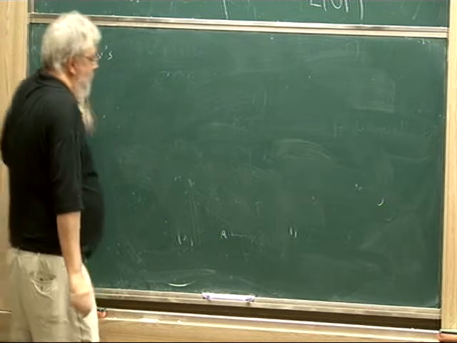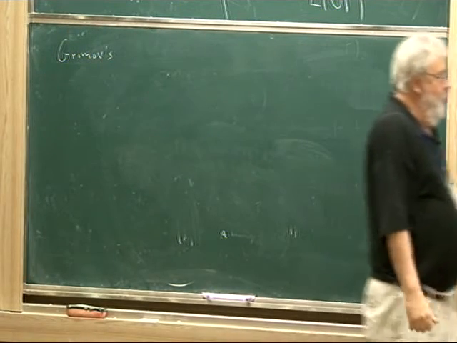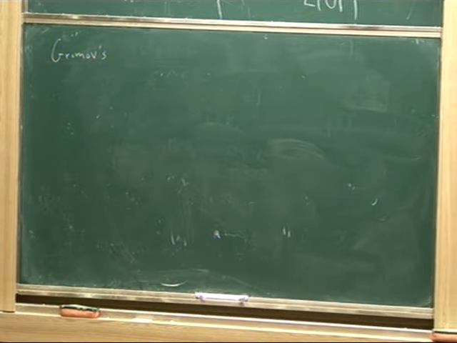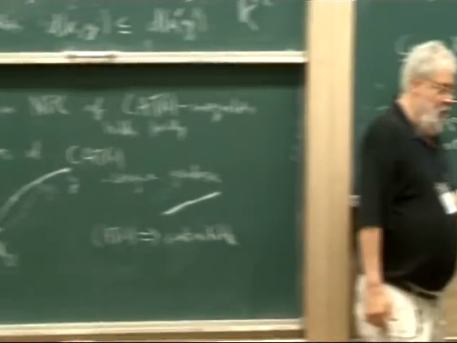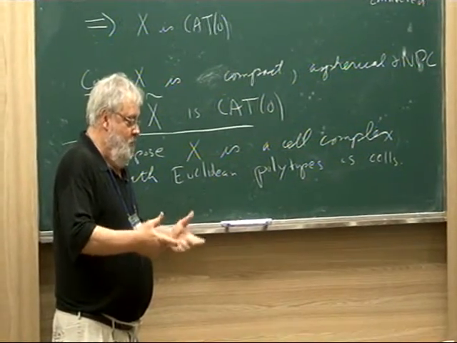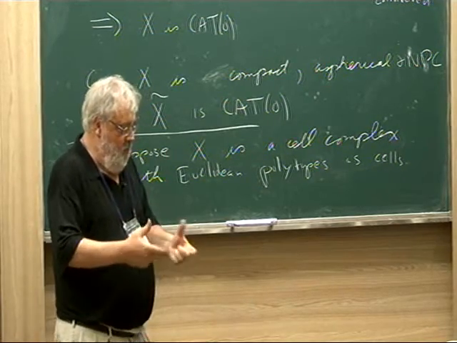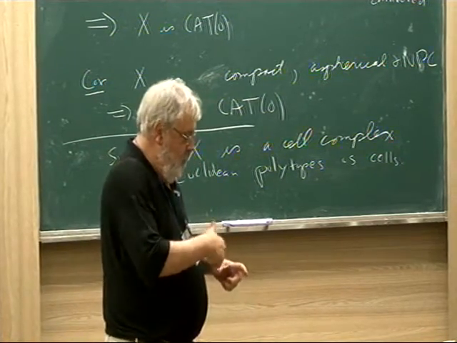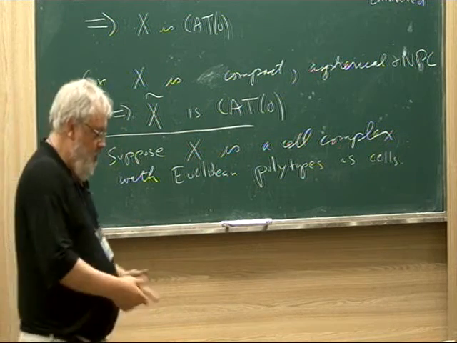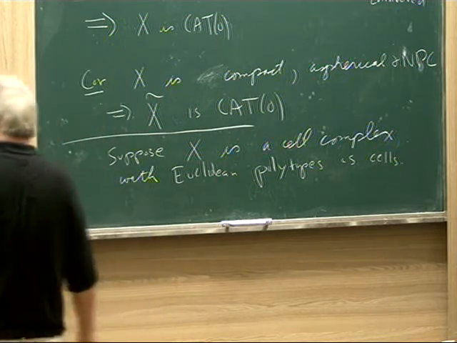It turns out that there are local conditions to tell when X is locally CAT(0). For example, if it's a two-dimensional structure on a surface, the condition is that the sum of the angles around the vertex is bigger than or equal to 2 pi.